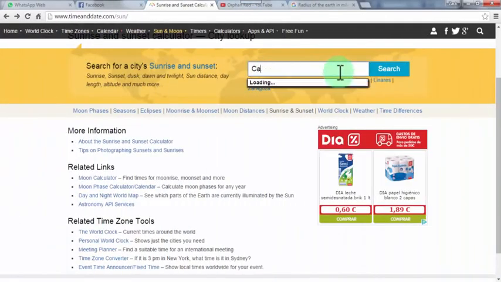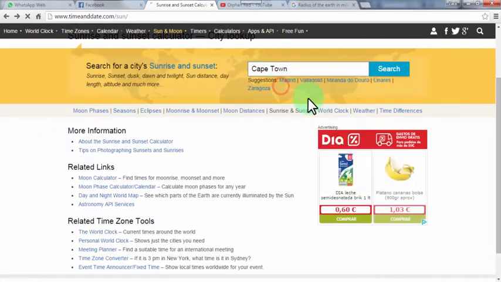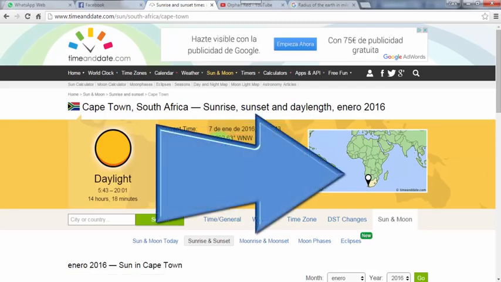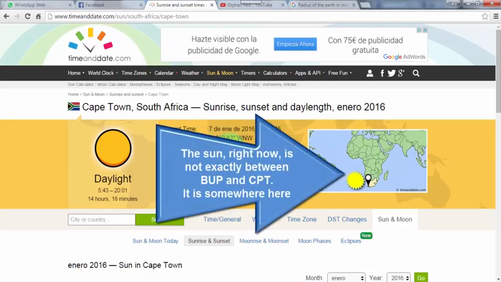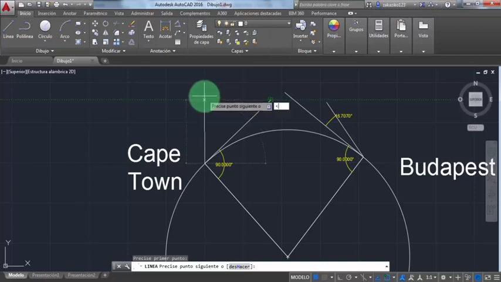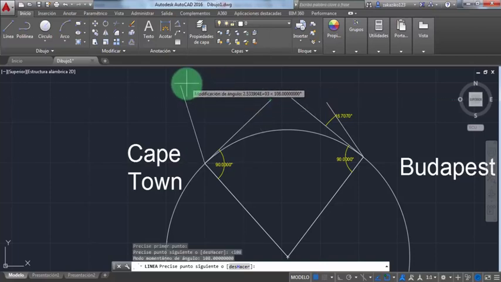Now let's see Cape Town. 66 degrees. Please bear in mind that Budapest is 1 hour behind Cape Town and that the sun right now is not between them, it's somewhere above the ocean, but that's not going to make a big difference. Now let's draw the angle in AutoCAD.